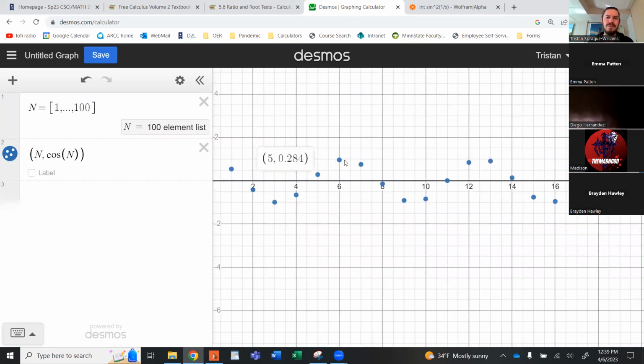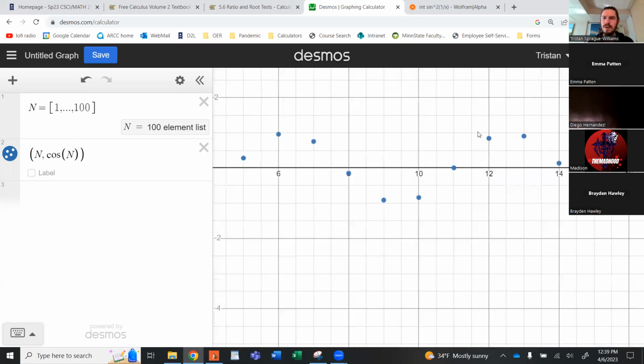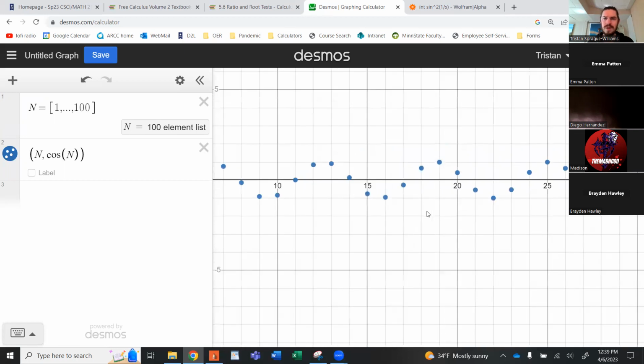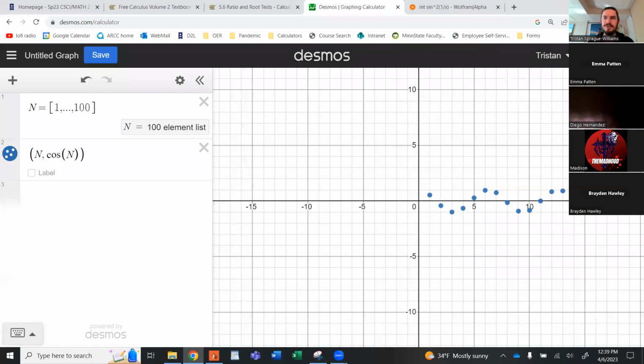It's every pi units, which is 3 apart. So certainly you're going to have repeats like that. You've got like 3 negatives and then 3 positives and then 3 negatives, and then 4 positives, and it's fluctuating, but not directly alternating.